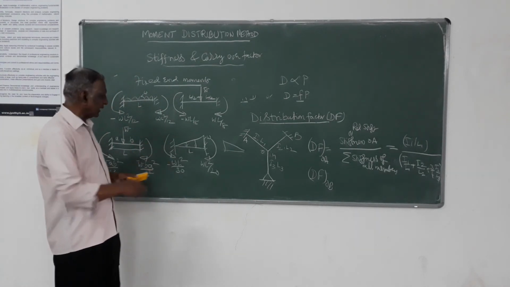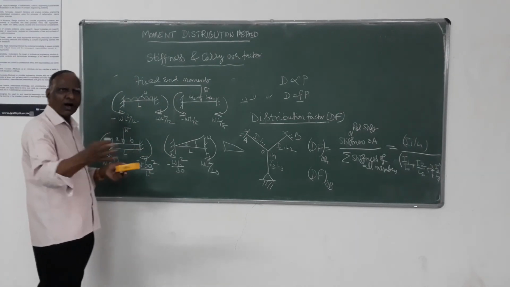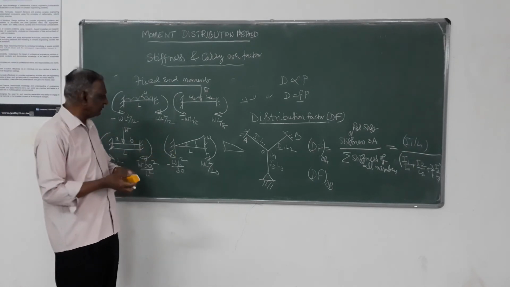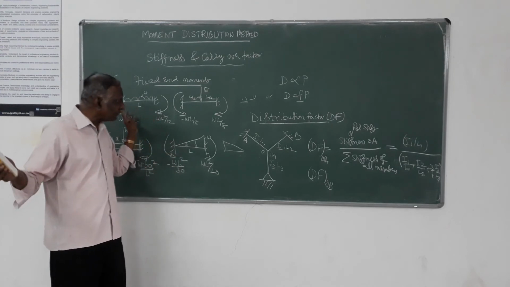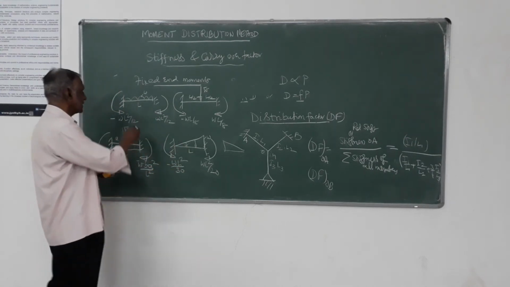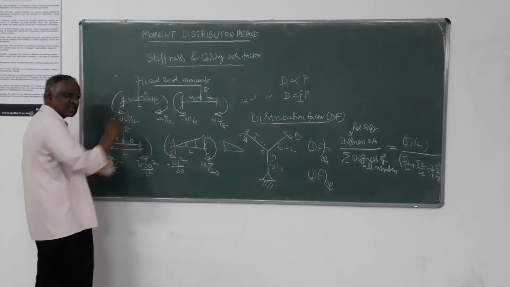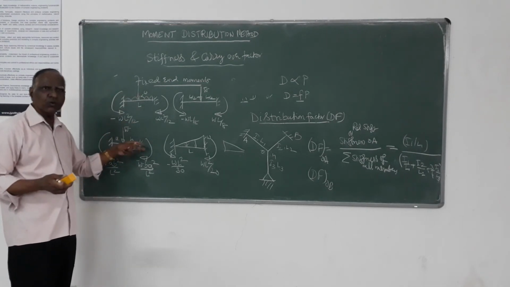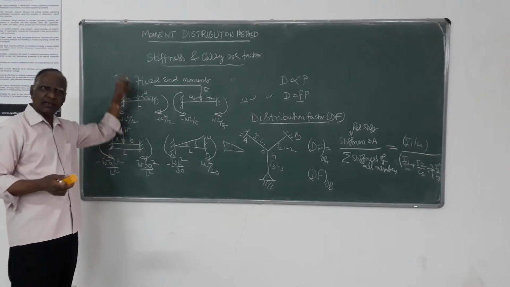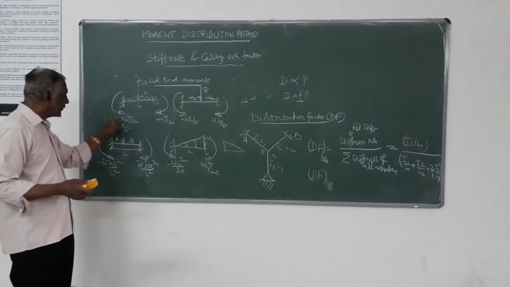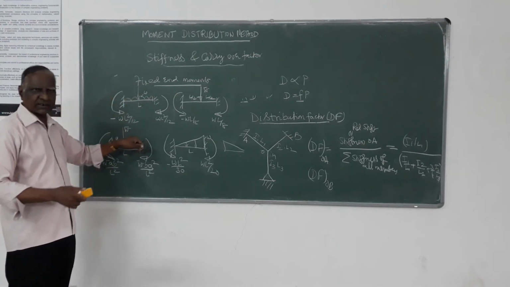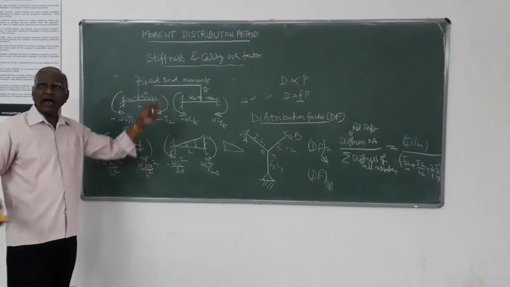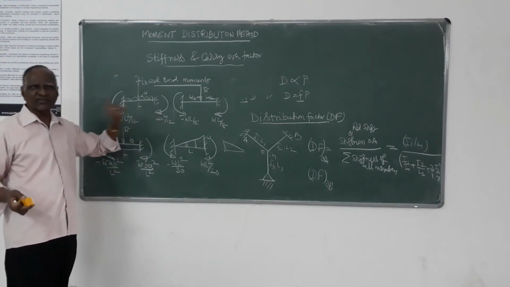Like that, you can have a moment also, all those loading cases. Generally, we get only this type of member loading. Suppose you have a combination of all these, UDL as well as this, then you can split that into two cases, only UDL and only concentrated load. First, due to UDL, work out the moment, then due to concentrated load, work out the moment, add the two, and that will be the resulting moment.